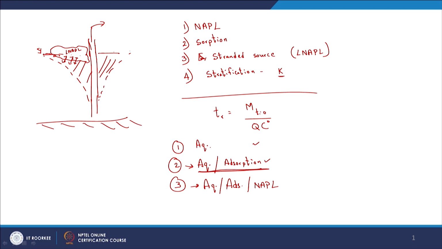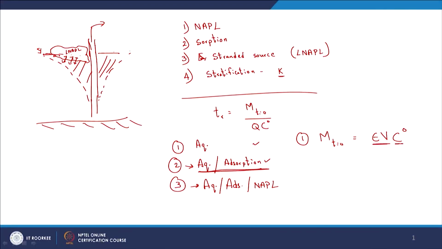Before we go further though, let's just try to recap what we have discussed in this context. The total mass of the contaminant in the case of case 1 is going to be equal to porosity times the total volume, right? So this will give me an idea about the volume of the contaminated groundwater, times the concentration of the relevant compound, right.